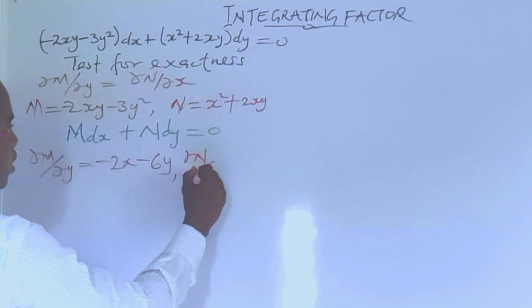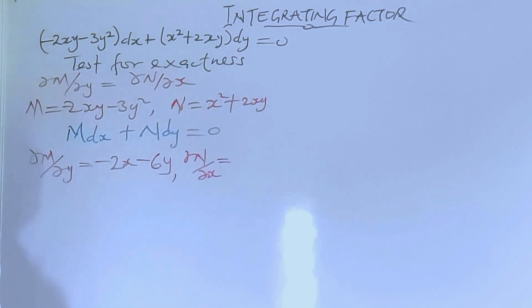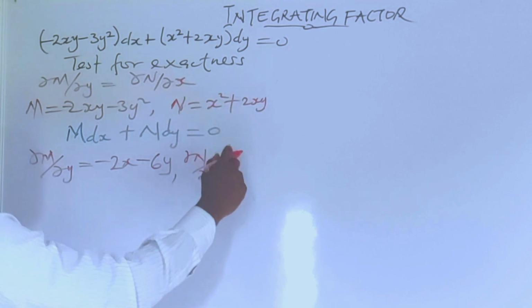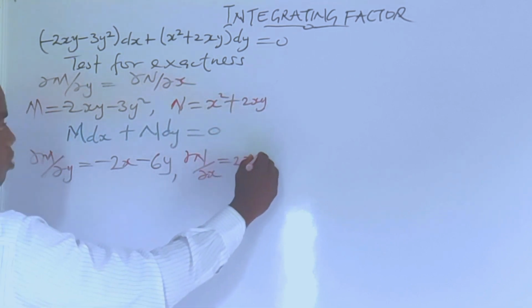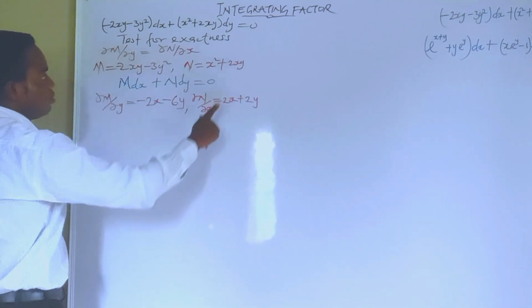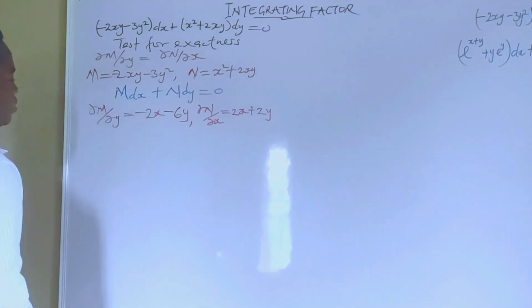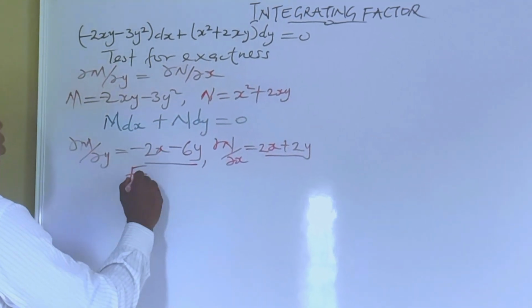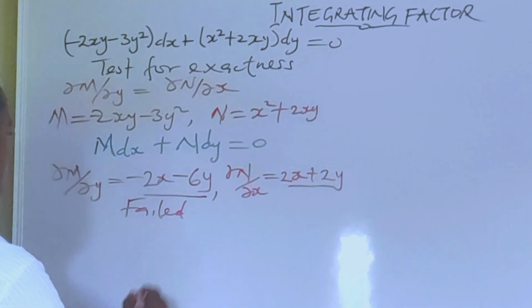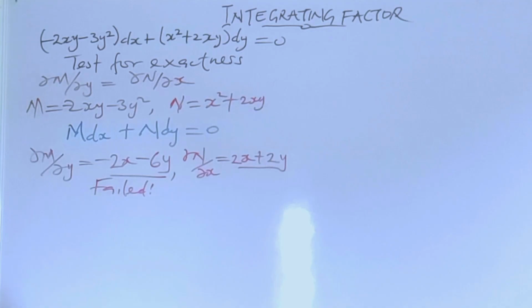What's the partial derivative of N with respect to x? That is going to be 2x plus 2y, where 2y is a constant. You will see that these are not equal. So the test for exactness failed, and we are going to need another method to solve this type of differential equation.